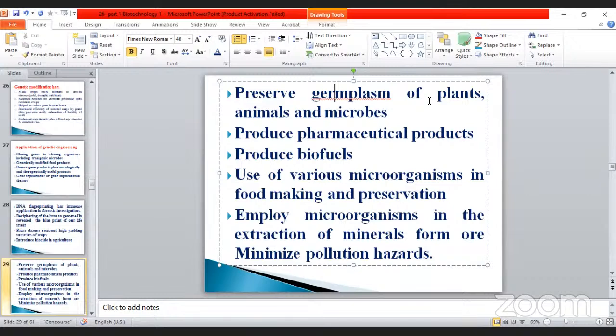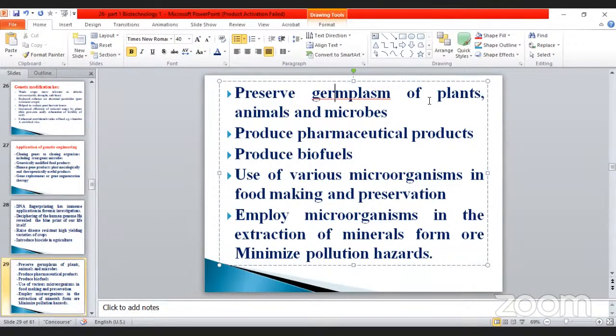And then employ microorganisms in the extraction of minerals from ore, minimizing pollution hazard. This is also commercially oriented. Some microorganisms are used for extraction of minerals from the ore.